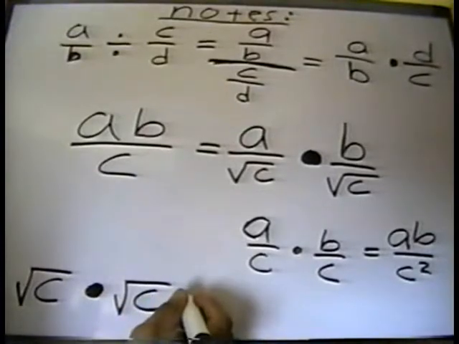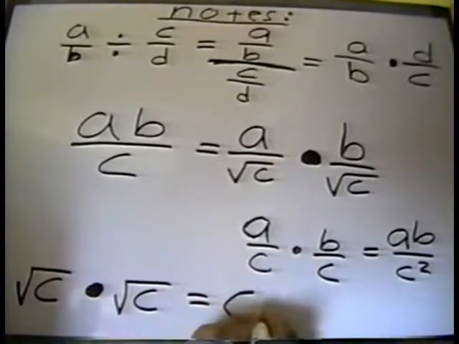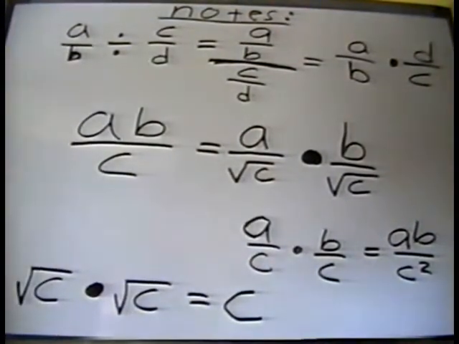See, if I multiply the square root of two numbers, it simply equals that number.